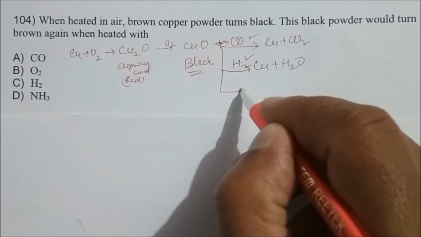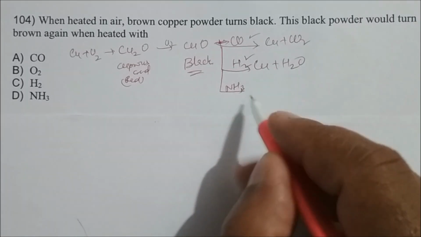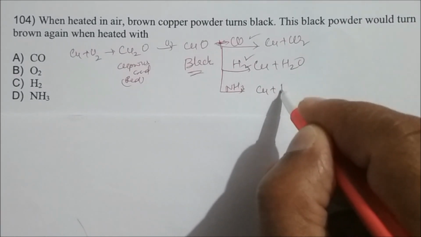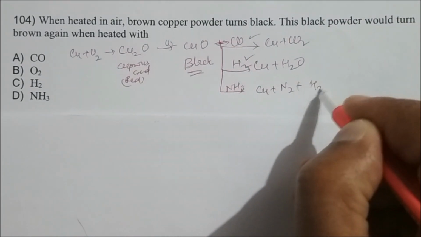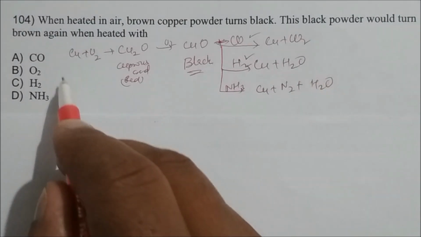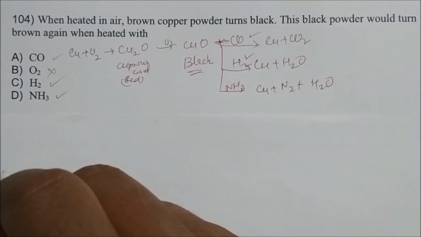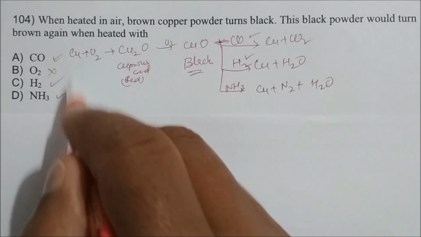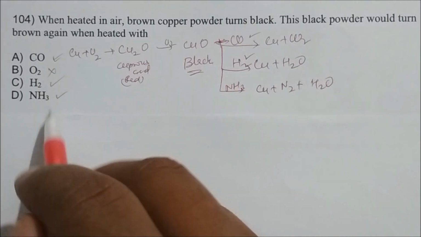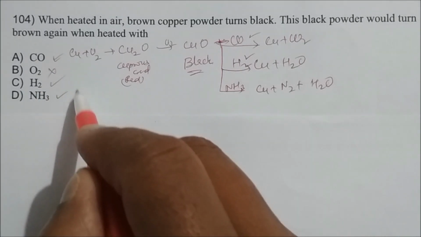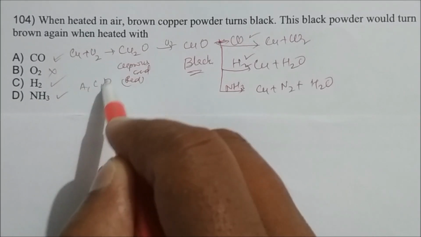Again, if you heat with ammonia, you will get copper plus nitrogen plus water. This means we have three options: CO, hydrogen, and ammonia are all there. The incorrect option is the other one. This is a debatable question because it asks for a single alternative, but we are getting three answers: A, C, and D.